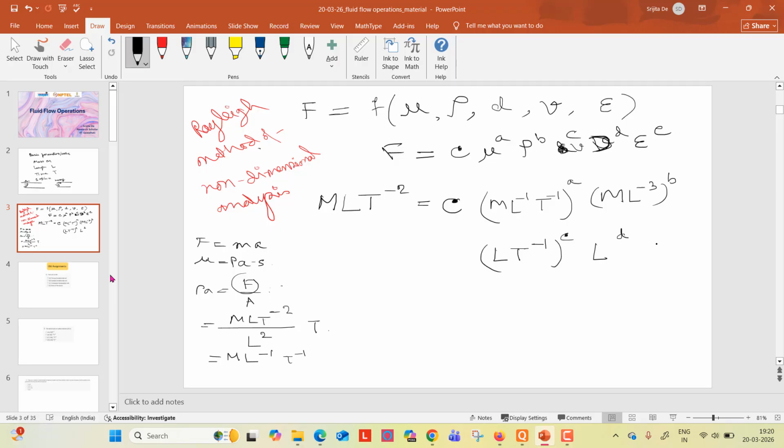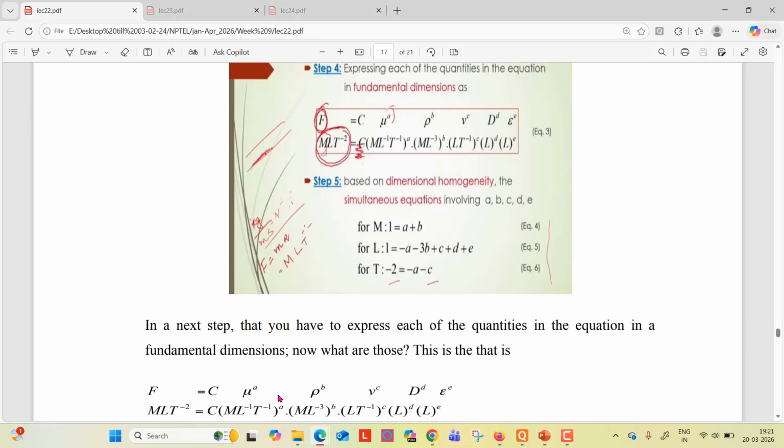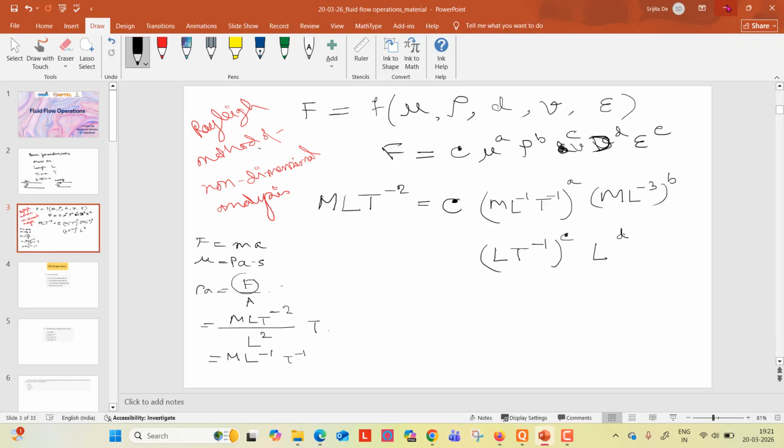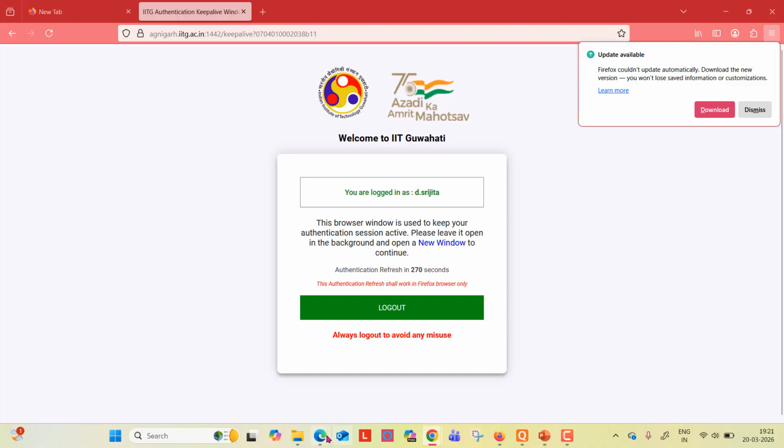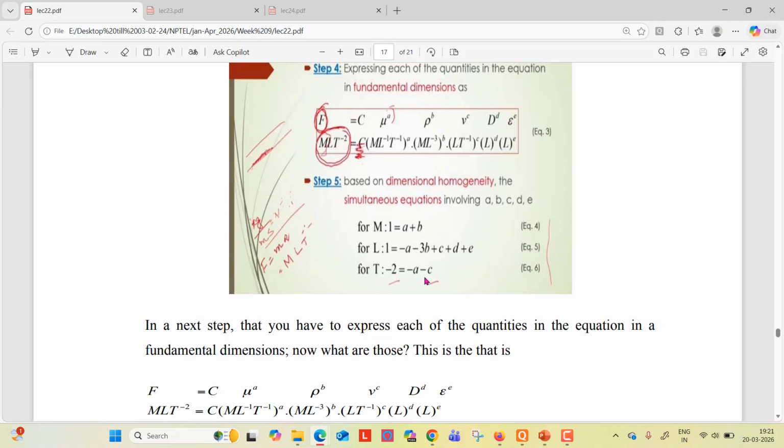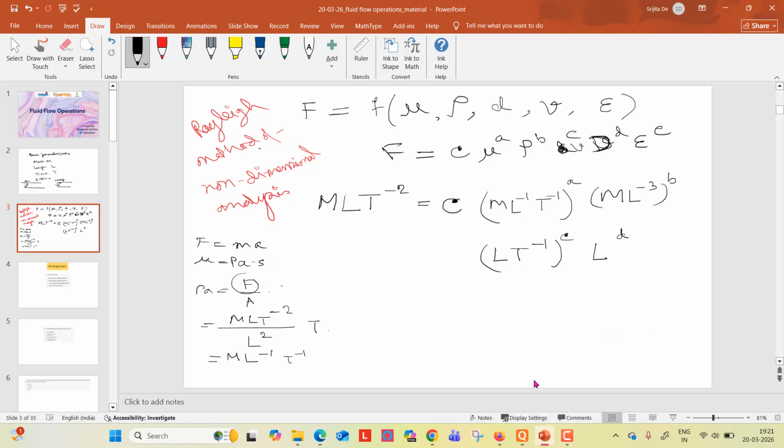And the unit of epsilon is also length, so it is L to the power e.